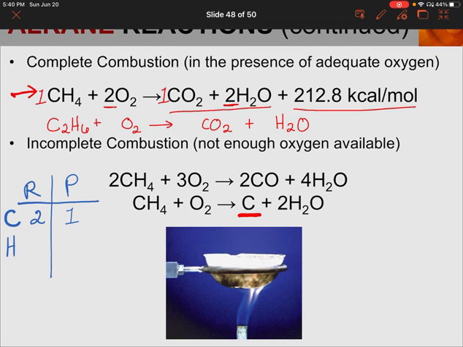Okay, so then what about hydrogens? How many hydrogens do we have on the reactant side versus the product side? So we have 6 hydrogens in the reactants, but only 2 in the products. All right, now what about oxygen? How many do we have in the reactants versus the products?